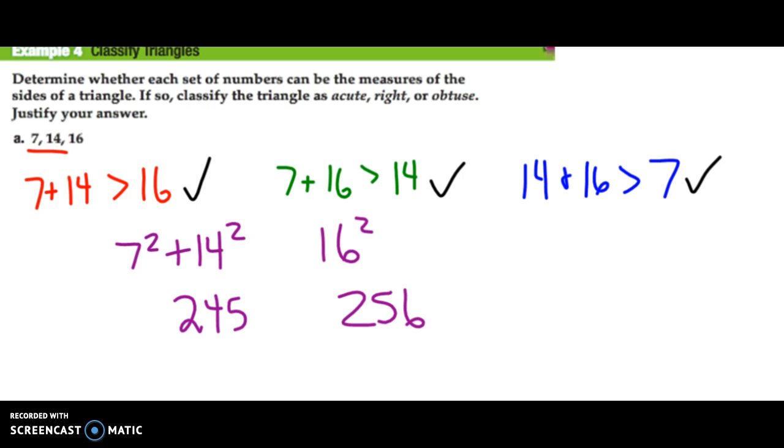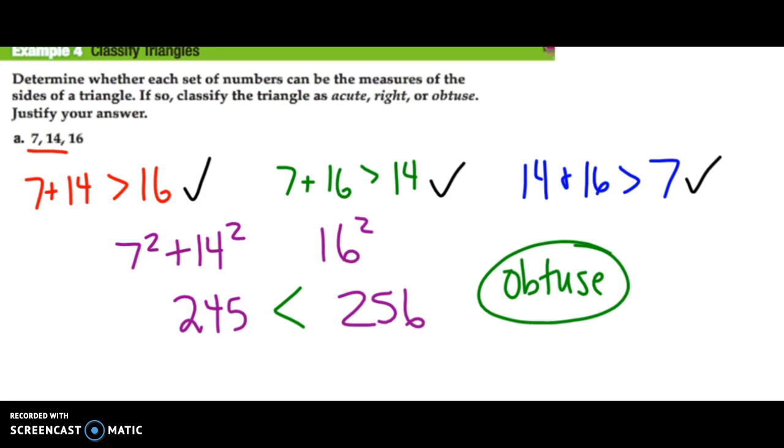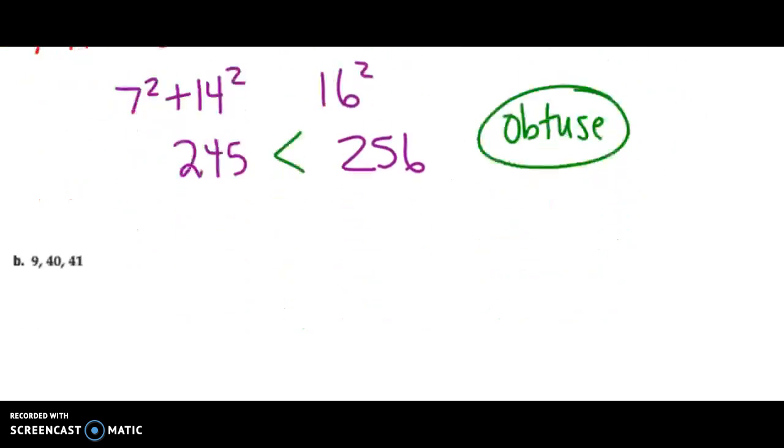So is 245 bigger or smaller than 256? Well, since it's smaller, c squared is bigger, thus making it an obtuse triangle. Just like I said before, bigger side, c squared is bigger, bigger angle, obtuse triangle.